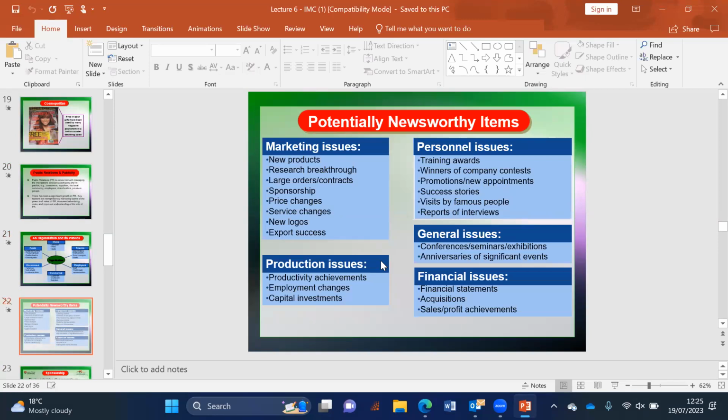And if the business has newsworthy items like marketing issues, personnel issues, general issues, financial issues, and production issues, these newsworthy items can be covered in the news. And since it's going to be an independent newspaper or a website that's going to be covering it, that will cause customers to believe it more. It'll be more effective.